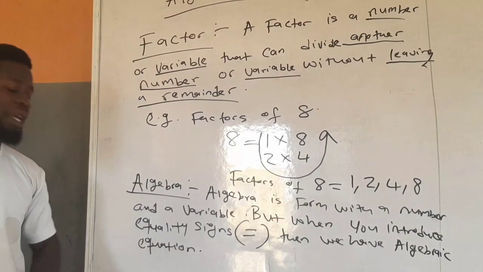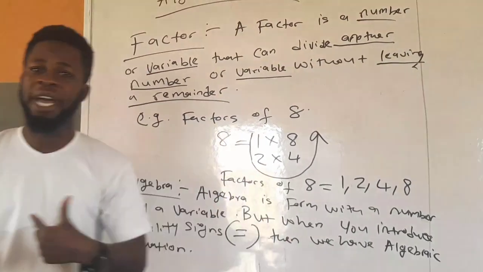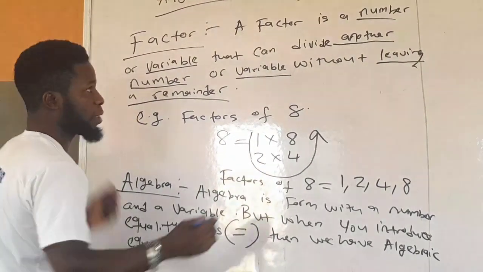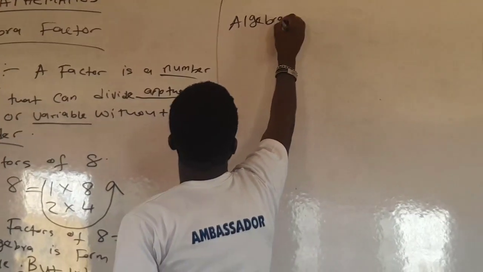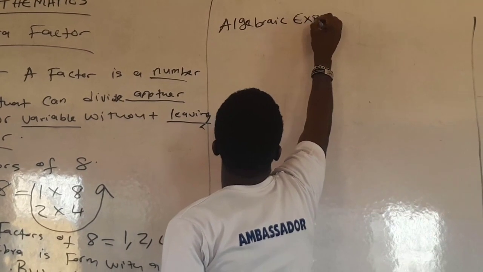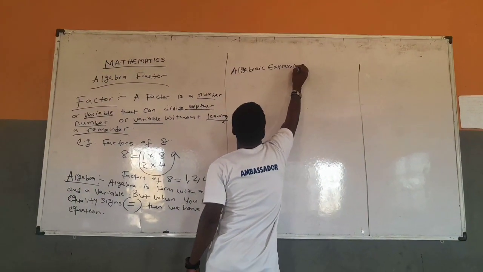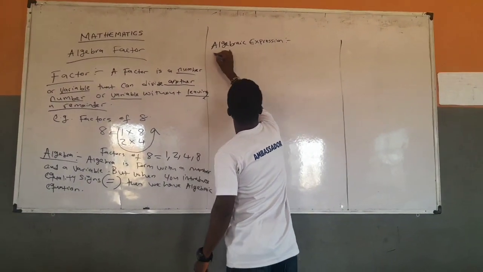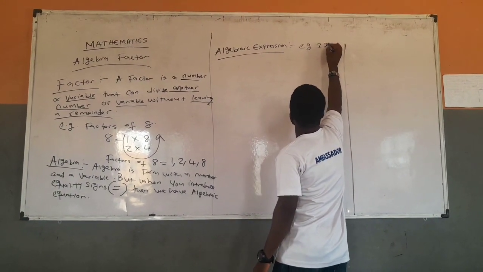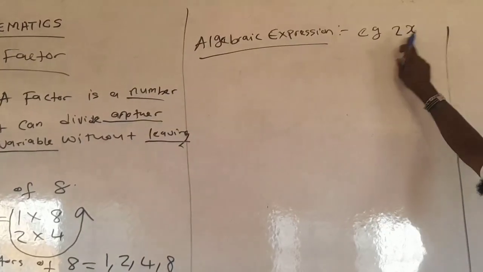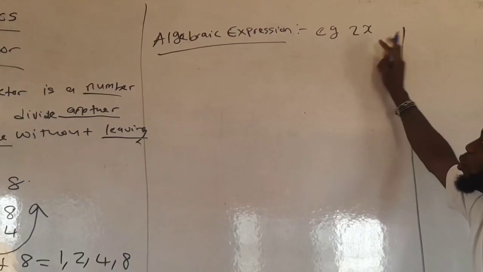You may ask what's the difference between algebraic expression and algebraic equation. If it's algebraic expression, let me write algebraic expression. E.g., we have 2x, that is a coefficient and a variable.